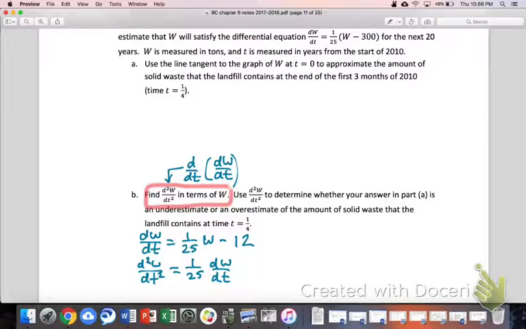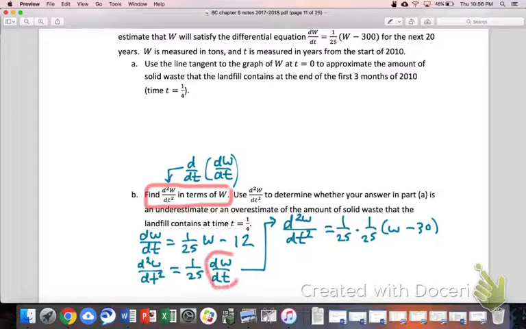So what I can then write, this is the first derivative in other words, I can write d squared w over dt squared equals 1/25 times 1/25 w minus 300. I'm just replacing this with this because I know they're equal, because that's actually what I started out with.